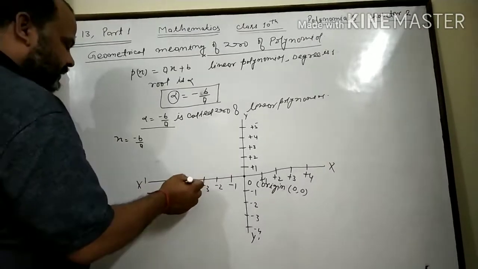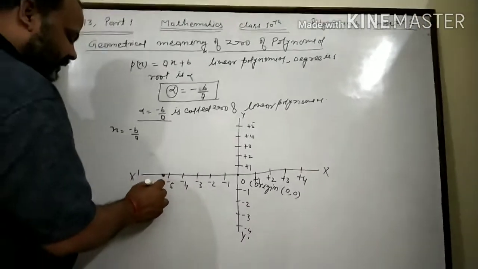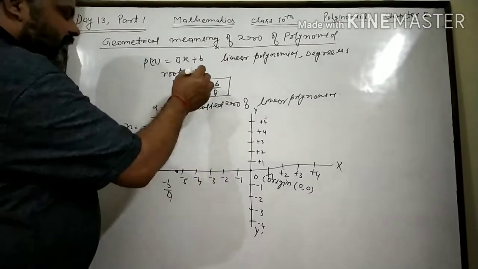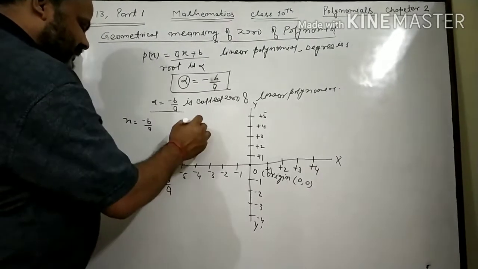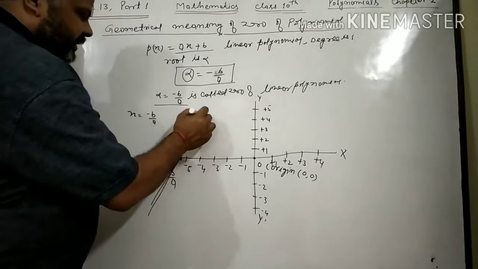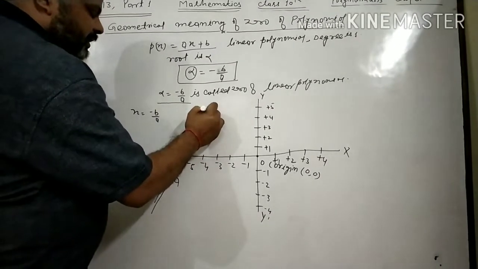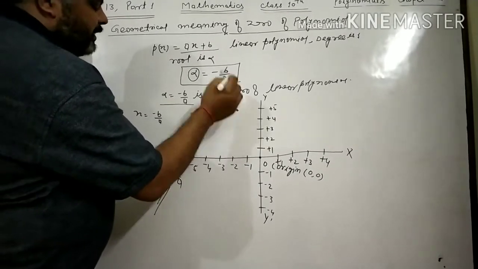Clear? Then suppose it is here, minus b upon a, then the line of this linear polynomial passes through this point, and the equation of this line is ax plus b.